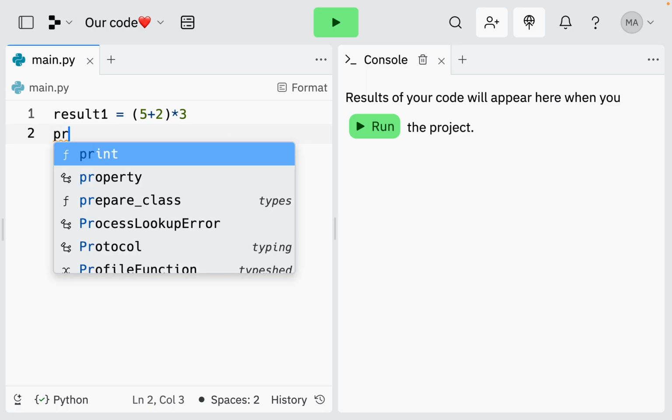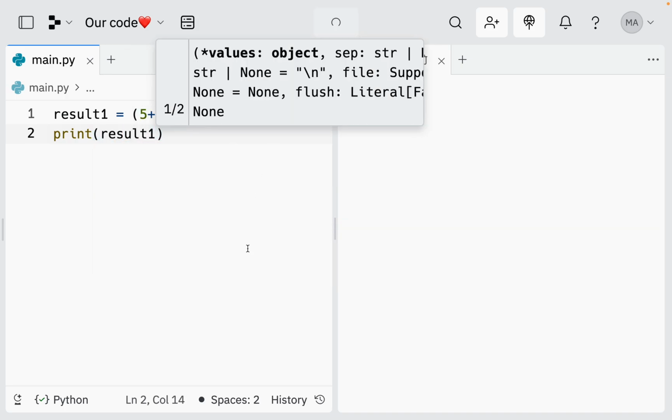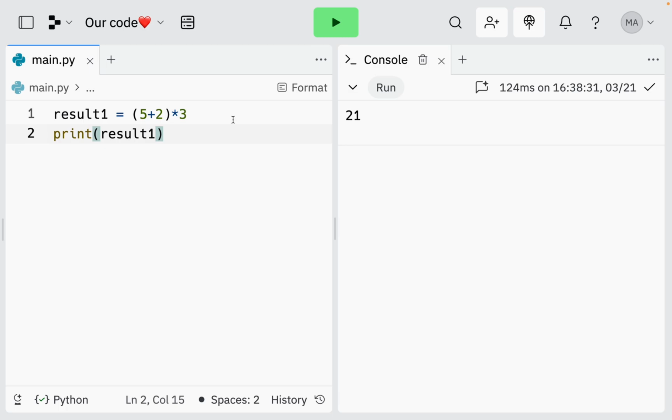So let's print result 1. Okay, so we got 21 because 5 plus 2 is 7, and 7 times 3 is 21. We always do the thing inside the parentheses first, and then we do the thing outside.